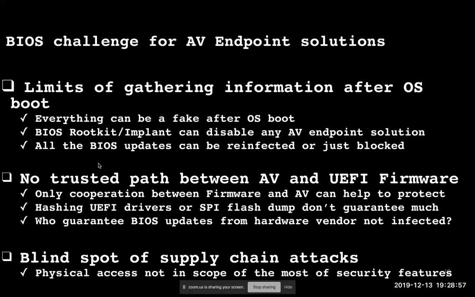And the big blind spot nowadays is supply chain attacks, because physical access is mostly not in scope of the security features or threat modeling, or it's not in scope in many companies, because think about the way you get the hardware.